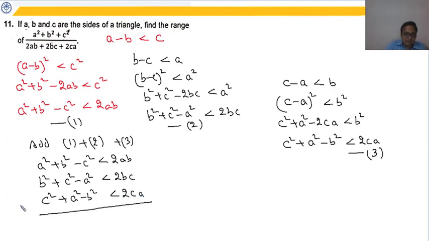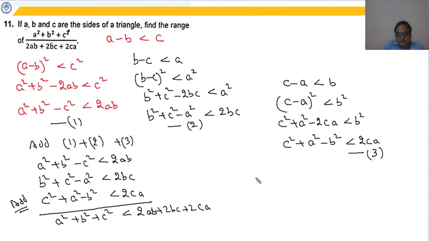We just add these three parts. a square minus a square cancel out, only one a square left. b square minus b square cancel out, only one b square left, plus c square is less than twice of ab plus twice of bc plus twice of ca.